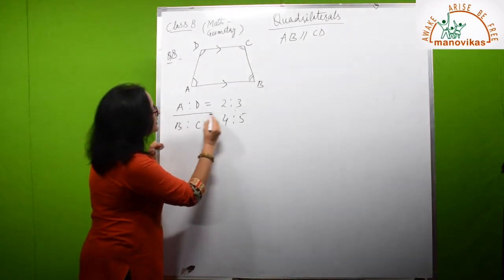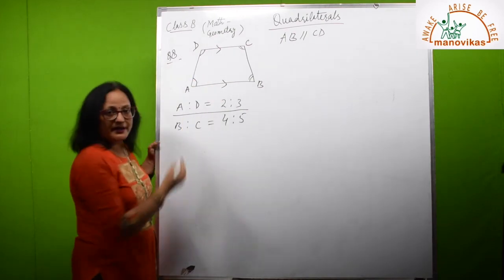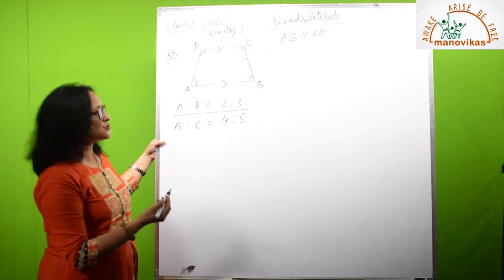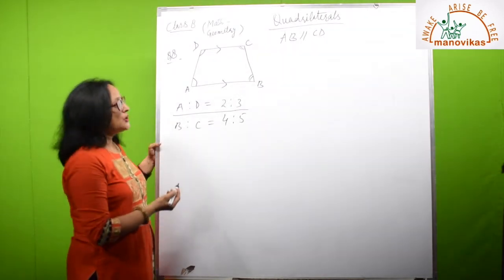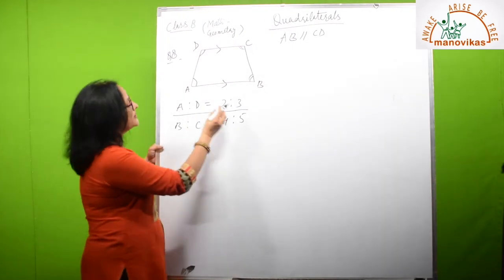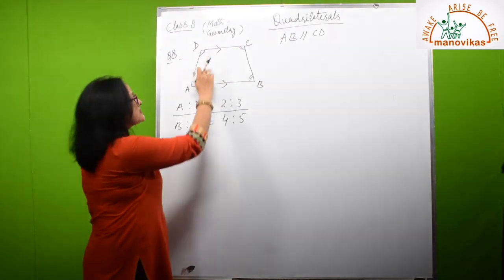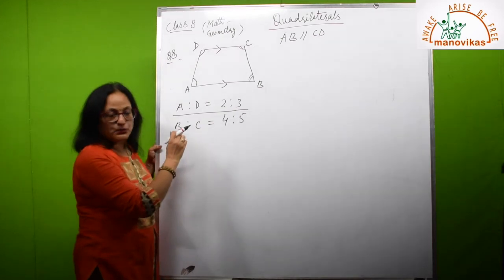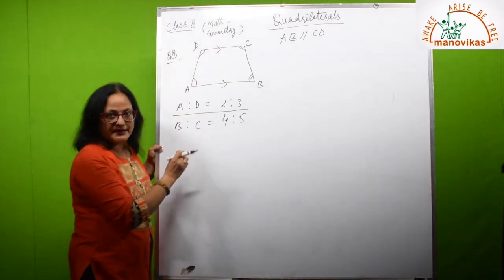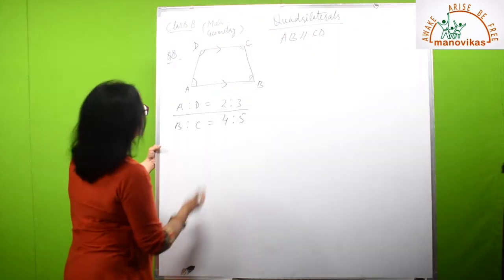Because you are given the ratio of angle A and angle D. If you are given the ratio of any quantities, two or three quantities, you should know the result of those angles. So here A and D angles, what result are these angles giving you? Because the lines are parallel, the sum is equal to 180 degrees. We will use this result for A and D.